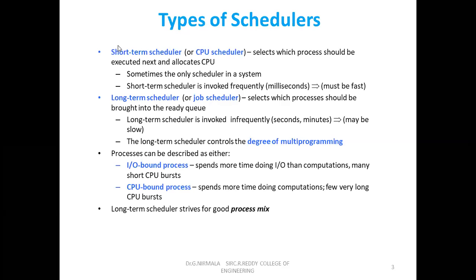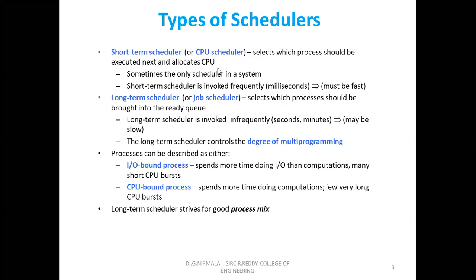The second one is the short-term scheduler or CPU scheduler. Listen carefully. The short-term scheduler is also known as the CPU scheduler, central processing unit scheduler, process scheduler, or processor scheduler. It selects which process should be executed next and allocates the CPU.